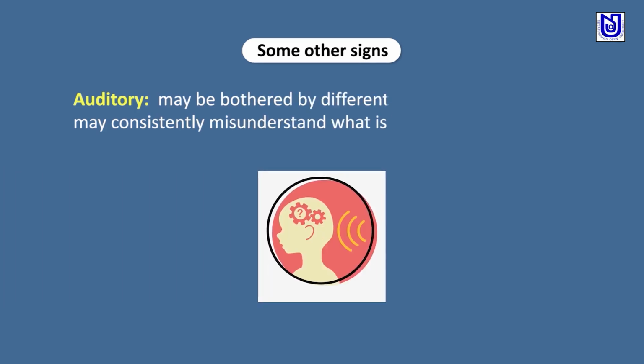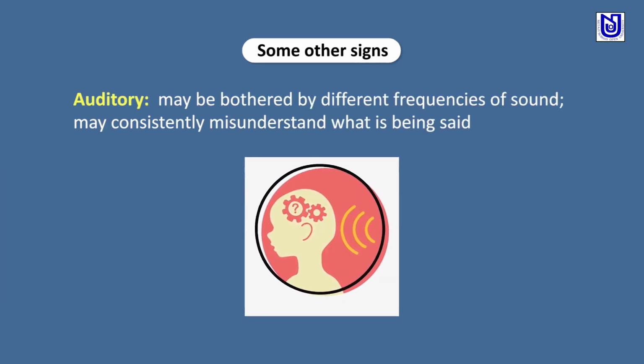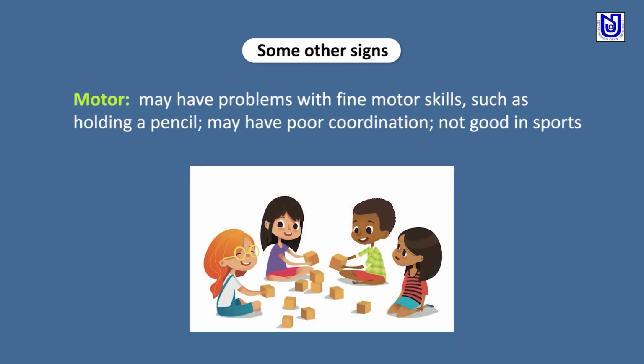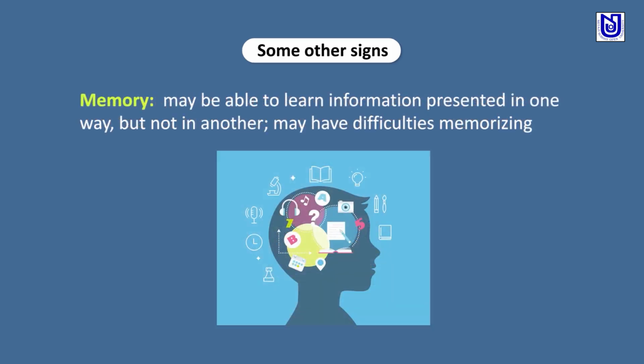Now, some common signs. They have some problems in auditory skills. At their cognitive skill level, they may acquire new skills very slowly, may have difficulty in following directions, especially multiple directions. They may have motor related problems, and memory problems, like being able to learn information presented in one way but not in another, and difficulties in memorizing.